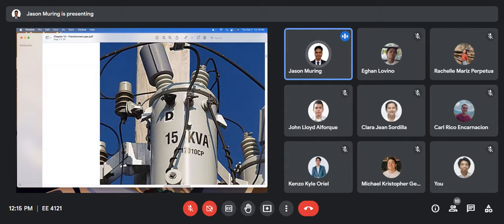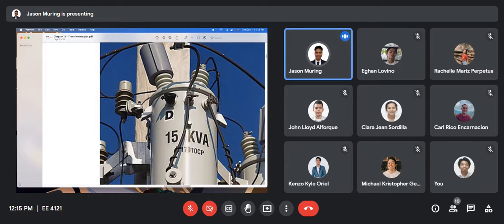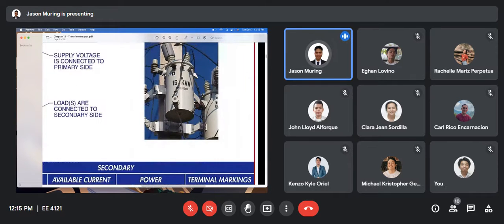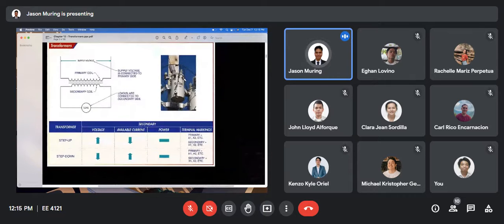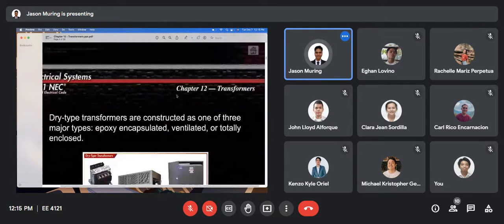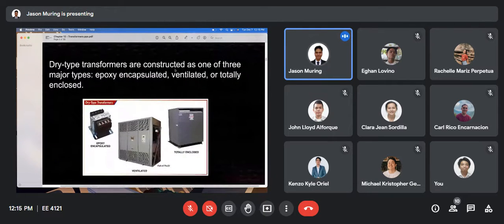And for X1, X2, and X3, since H1 and X1 are located on the same side, this transformer is considered to be a subtractive transformer, which is the most typical transformer connection.